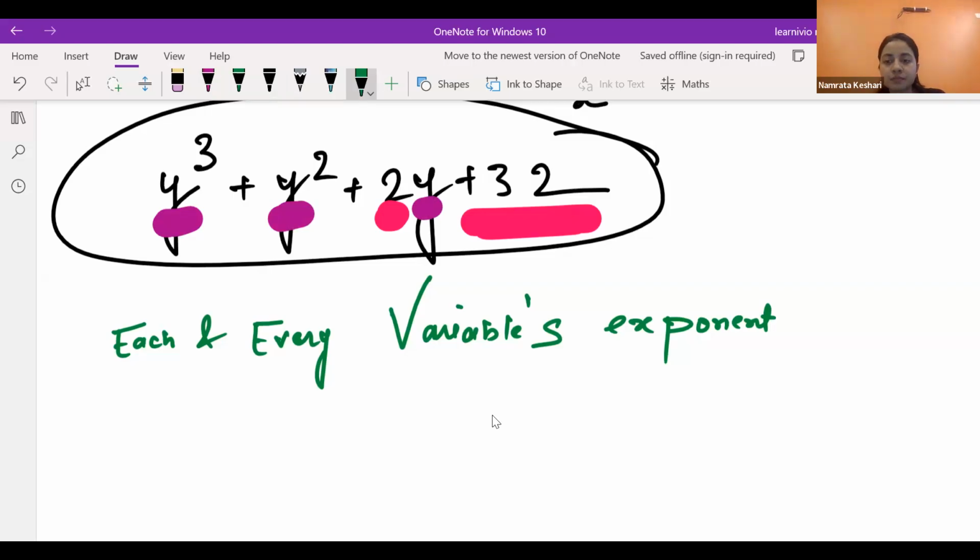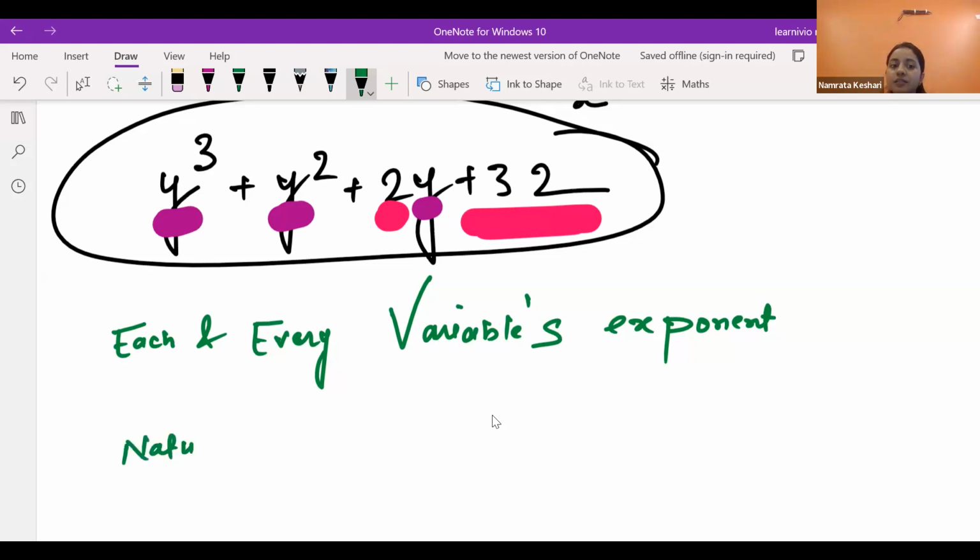Ma'am, the numbers from 1 to infinite are called whole numbers. 1, 2, 3, 4. No, starting from 1 to infinite, 0 is not a whole number. No, 0 is a whole number. Whatever you say, that is correct.